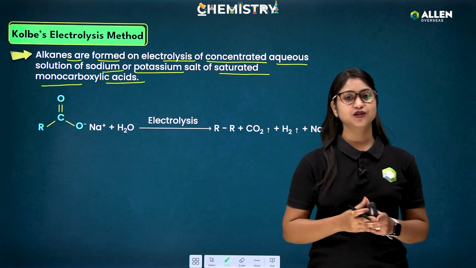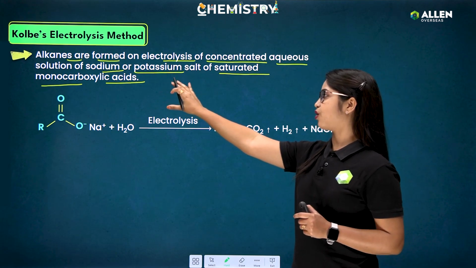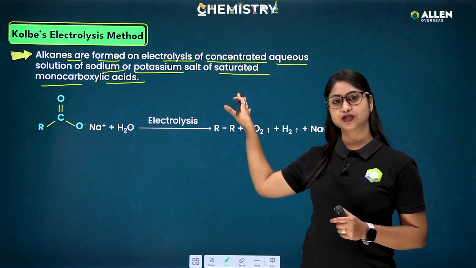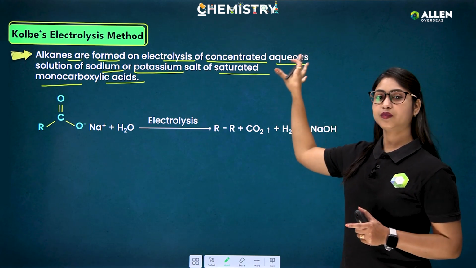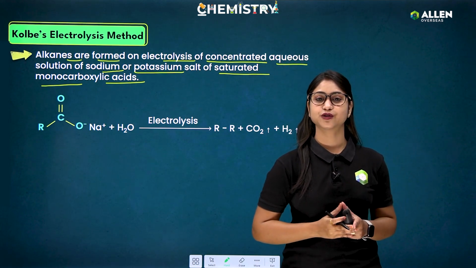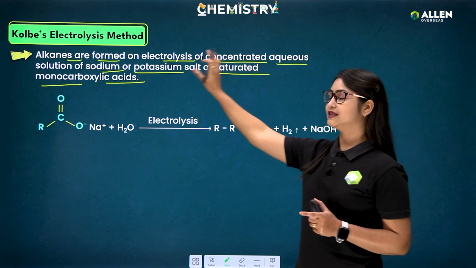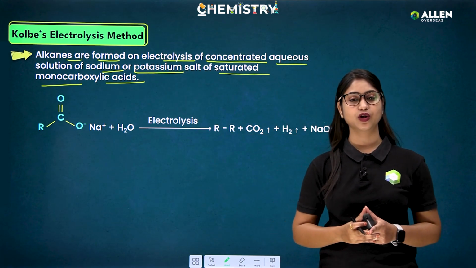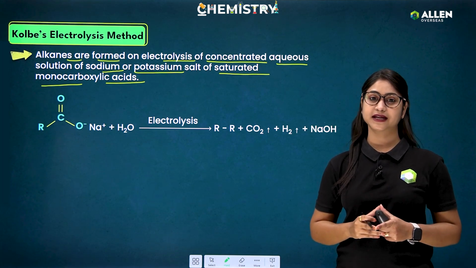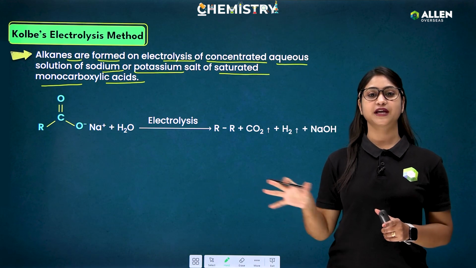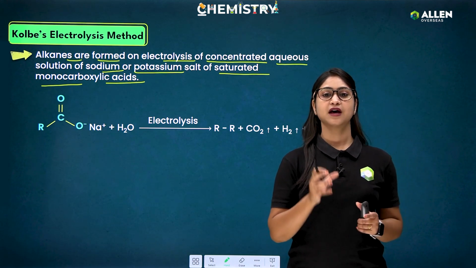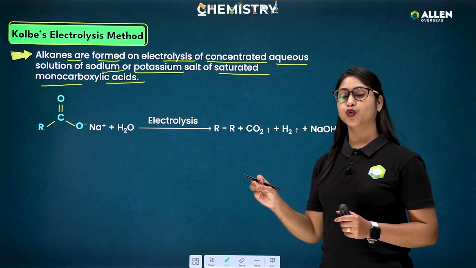So first of all we have to take the sodium or potassium salt of saturated monocarboxylic acids, and we have to make a concentrated solution of this salt, and then electrolysis of the salt will give us the higher alkane. So the common thing about this reaction and Wurtz reaction is that we are going to get higher alkanes in both reactions.